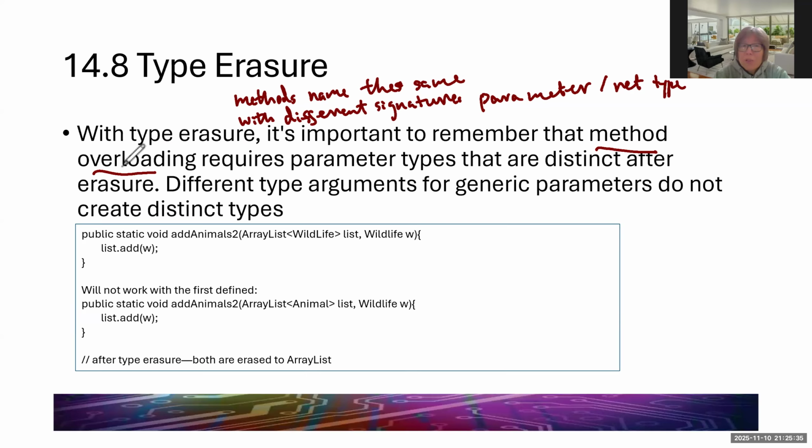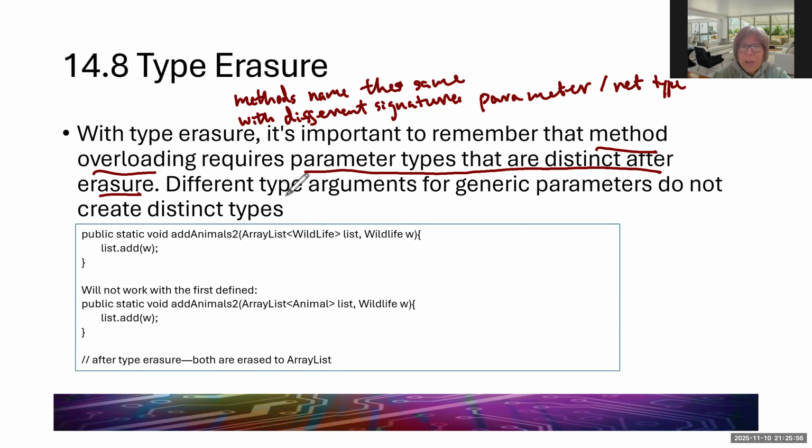So that's about method overloading. But it has a requirement that the parameter types must be distinct after erasure, after the type erasure for the generic method.